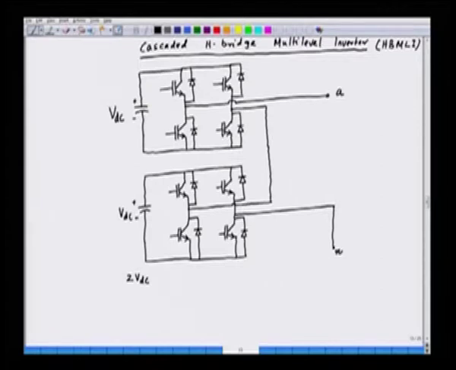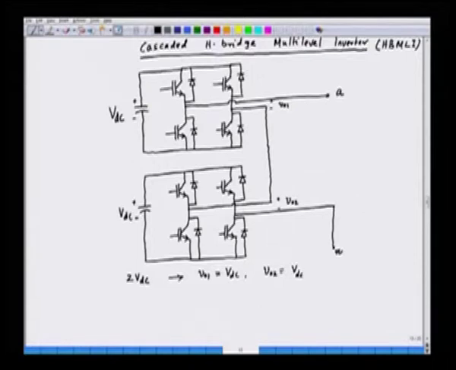Let us say we have VO1, this is plus minus, and this is VO2, this is plus minus. We obtain 2 VDC provided VO1 will give us plus VDC and VO2 will also give us plus VDC.